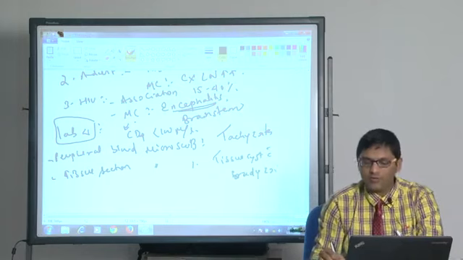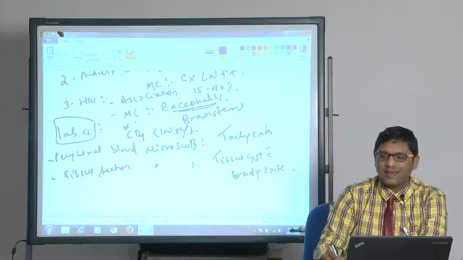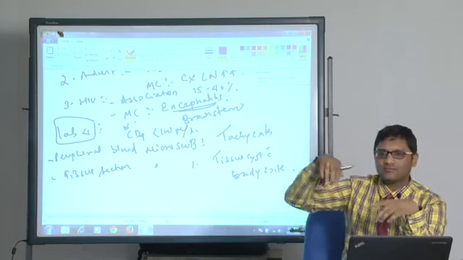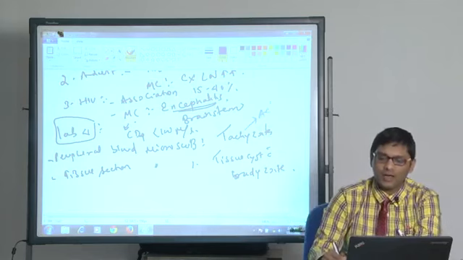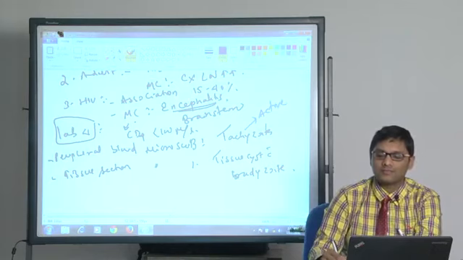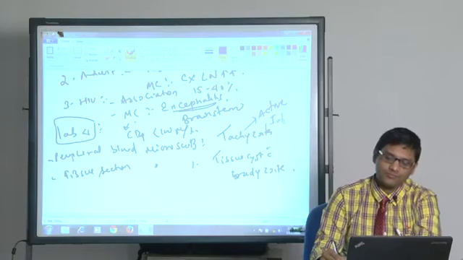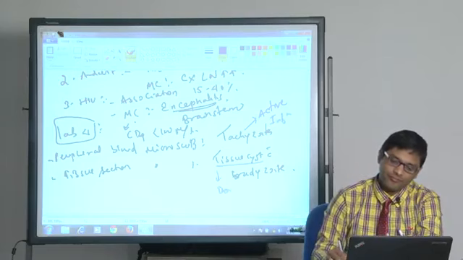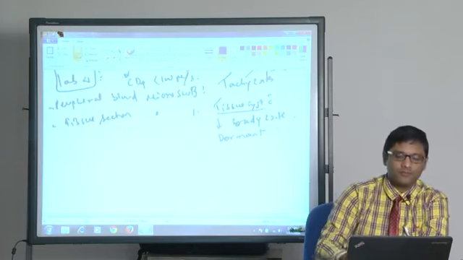Which is more important? Which indicates active infection, which indicates dormant? Tachy and brady, what is the difference? Tachy is active, brady is dormant. So tachyzoite presence is more important than tissue cyst. Okay. So this is about microscopy.